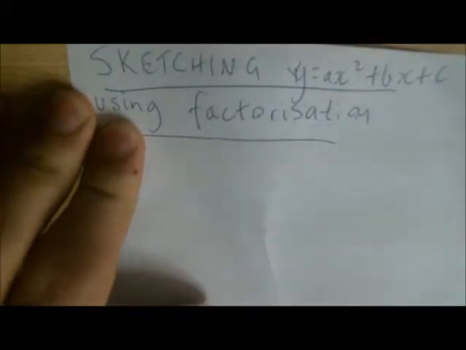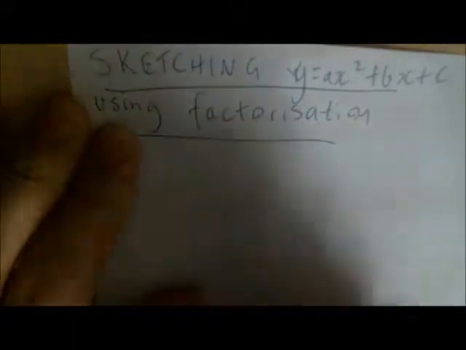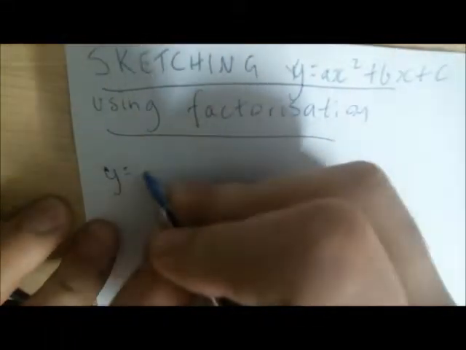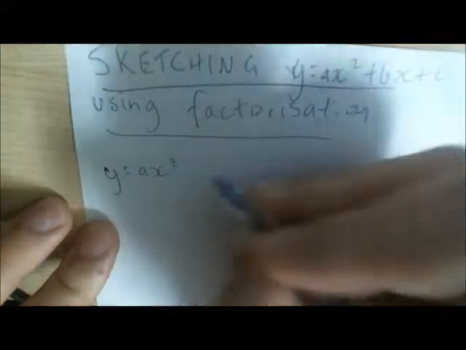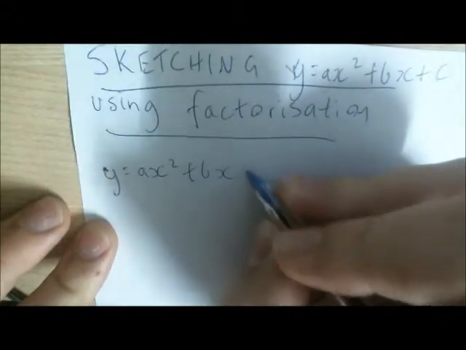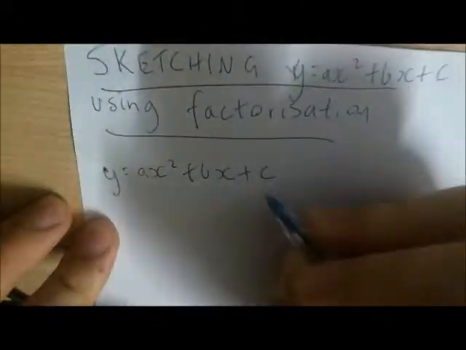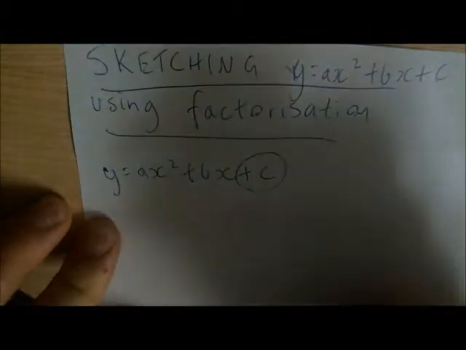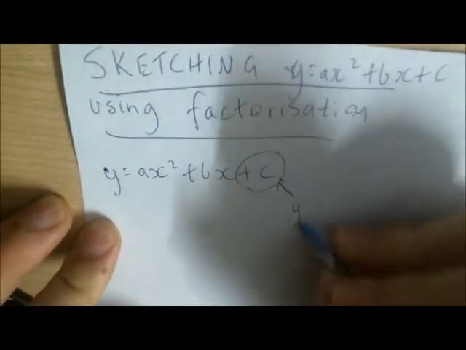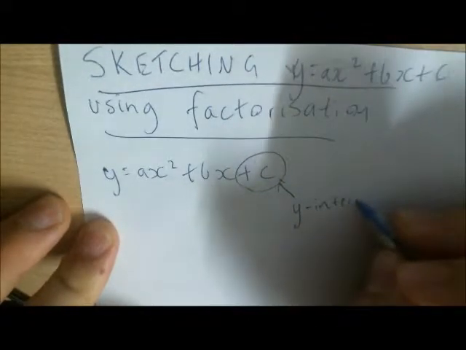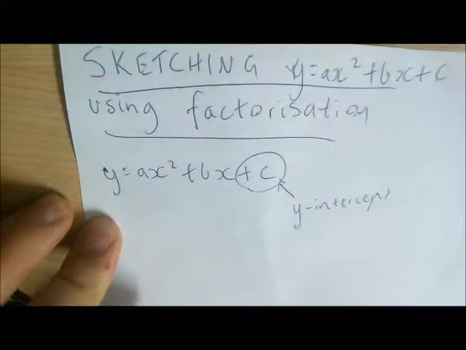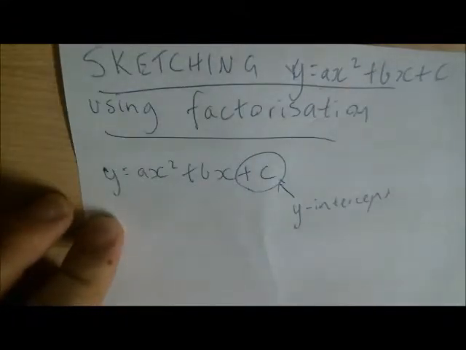So let's get started. First of all, if we have the general rule y equals ax squared plus bx plus c, just like with straight line graphs, the constant is the y-intercept. So whatever number c is, that is where the graph will pass through the y-axis.